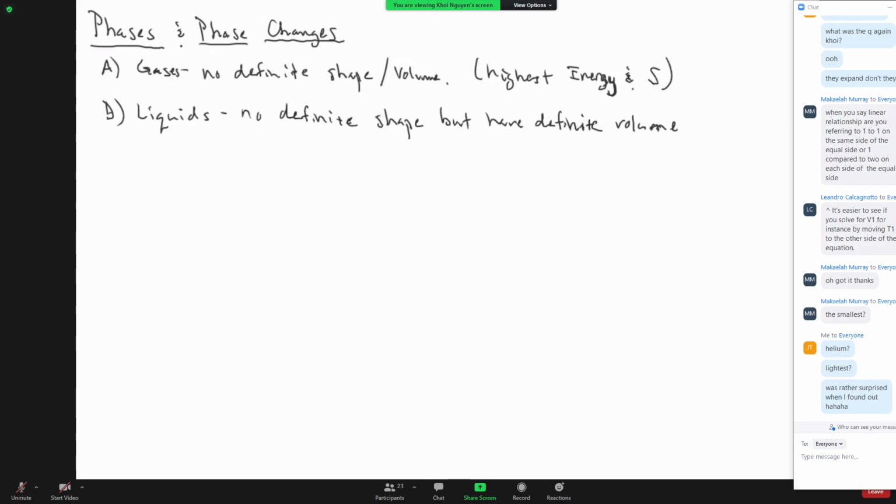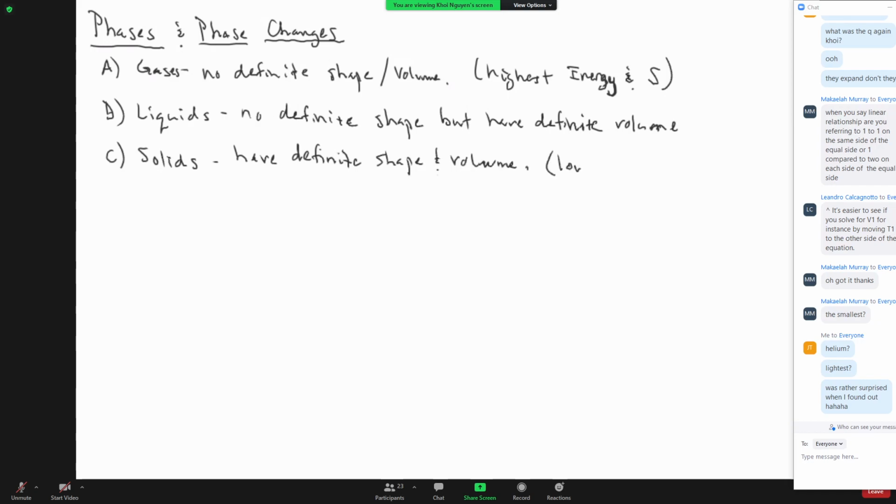Okay. And last but not least, solids have definite shape and volume.